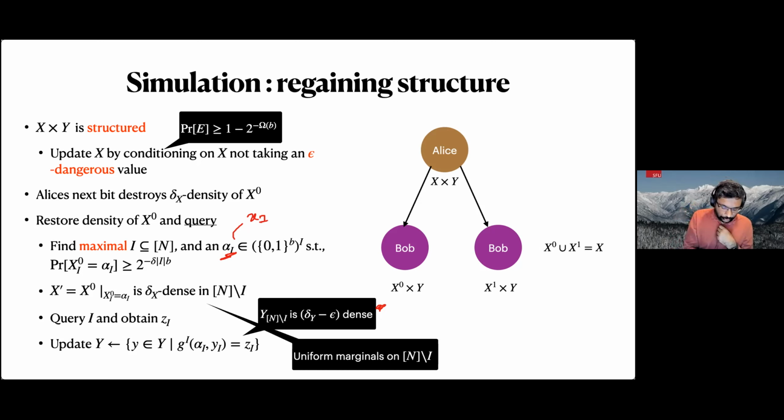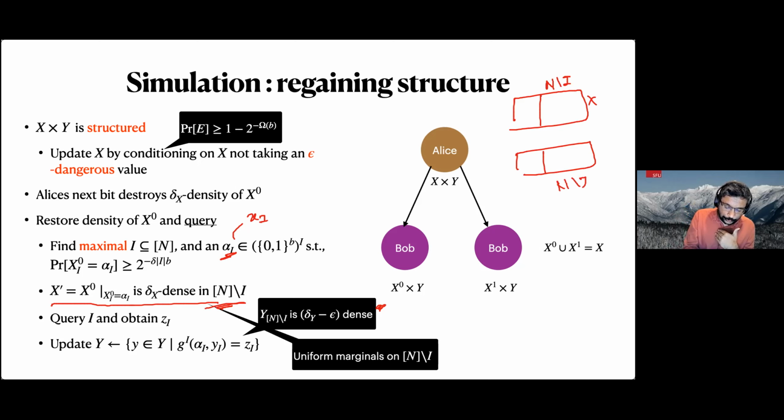And we already know from the earlier argument that if you fix I to be one of the values which witnesses the loss in mean entropy, the X part is already dense in n minus I. So if you look at the unqueried bits, which are n minus I in X versus n minus I in Y, those parts have density delta X and delta Y minus some epsilon. So now on those parts, you have uniform marginals.